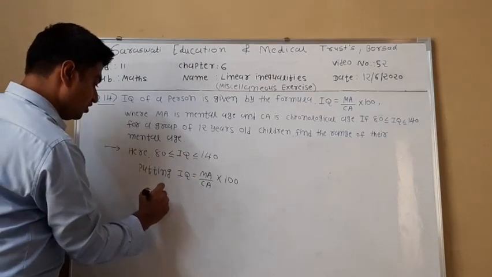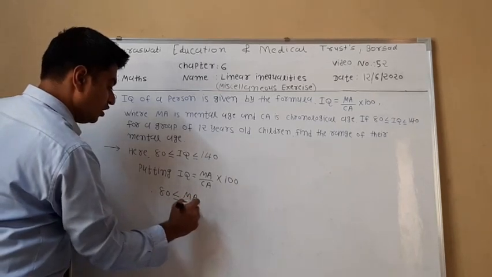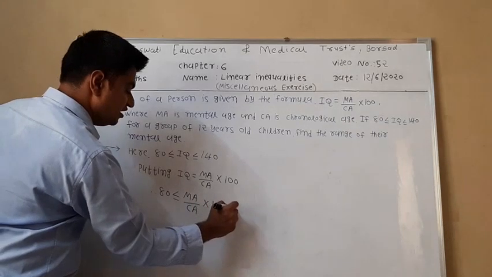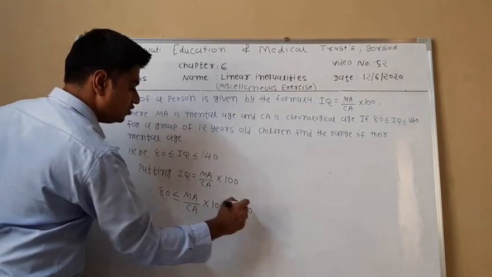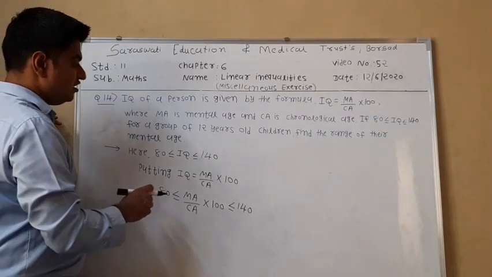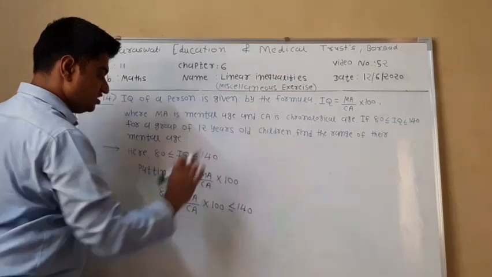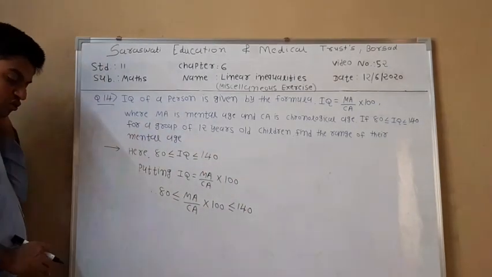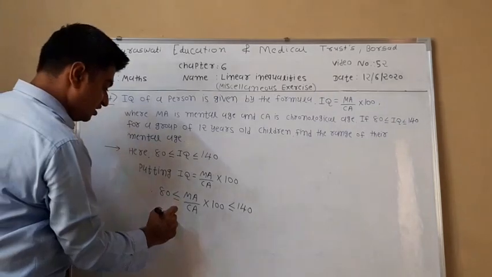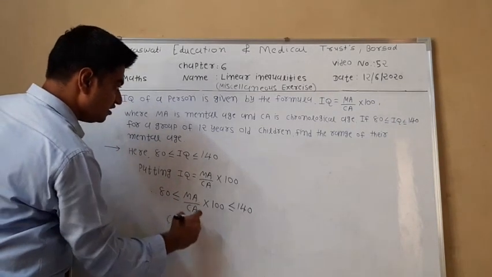So therefore 80 less than equal to MA upon CA multiply 100 less than equal to 140. Now for a group of 12-year-old children, that means the chronological age is given here, CA is equal to 12.